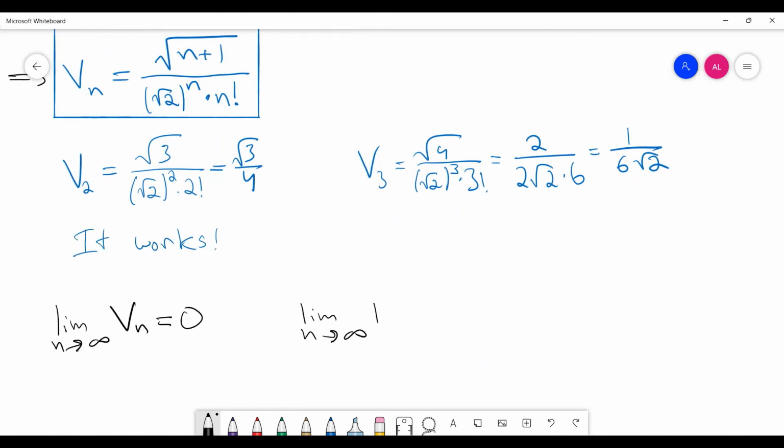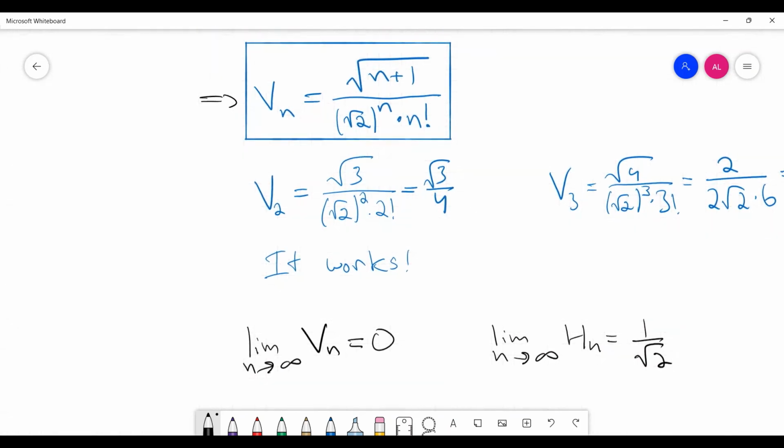So an interesting result is what some of these values converge to. We notice that V_n converges to 0 as n approaches infinity. And that is because if you try evaluating this limit, L'Hopital's rule is kind of hard here because you have an n factorial in the denominator, but it's pretty obvious that the square root of n plus 1 grows much slower than this function by itself, let alone multiplied by this huge function.